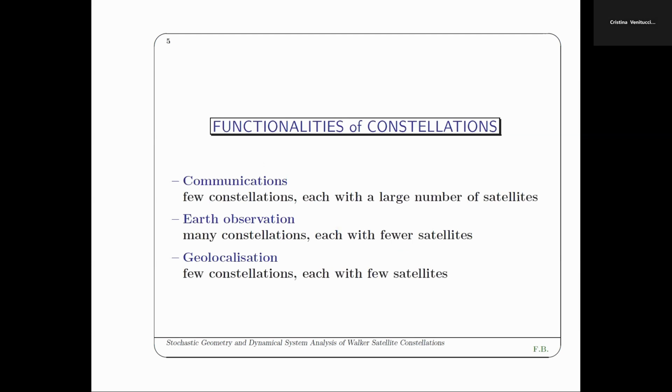Okay, so what's the point, right? For communication, these constellations with low orbit are used. Of course, why are they developed? Because of short RTTs, right? So think of the altitude of Starlink, which is between 300 and 500 kilometers. So with the speed of light, you get things of the order of a millisecond for just one trip.